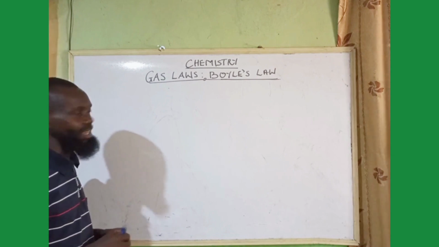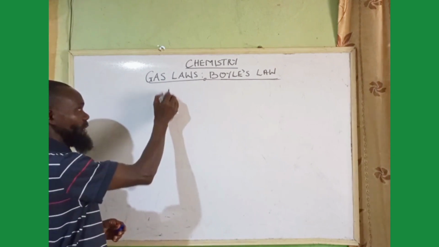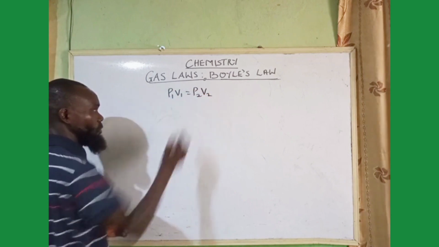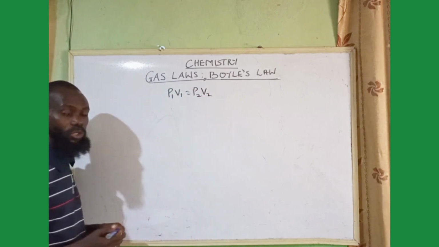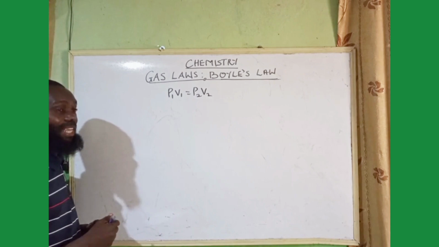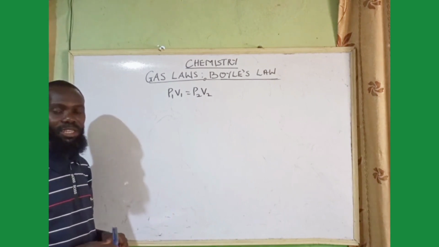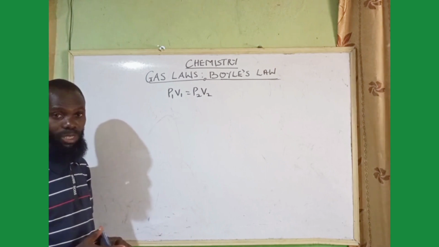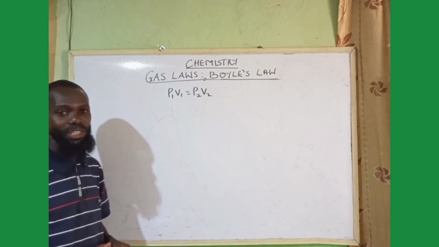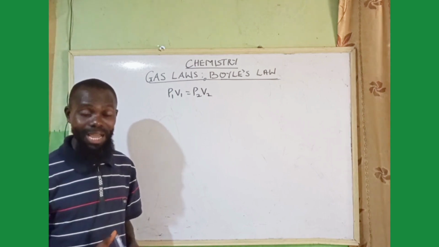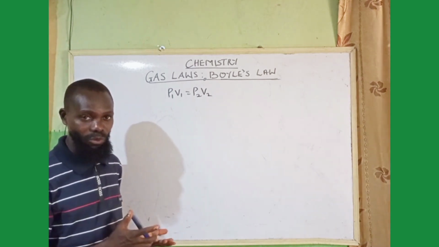Let's look again at the formula of Boyle's law. P1 V1 equals P2 V2, where P refers to the pressure, and the SI unit of pressure is Newton per meter square. It can also be expressed in millimeter of mercury or in atmosphere, as we have seen before.